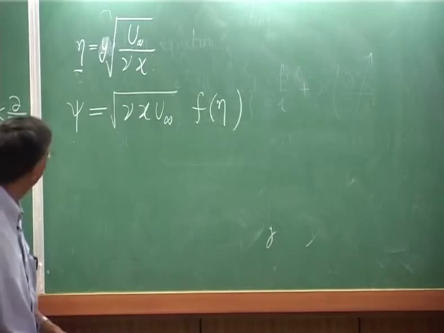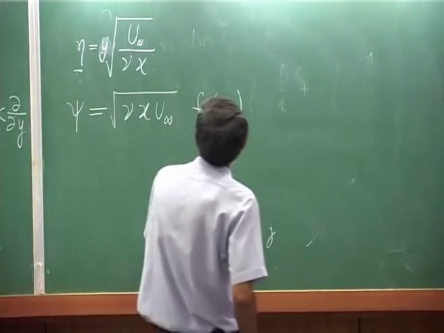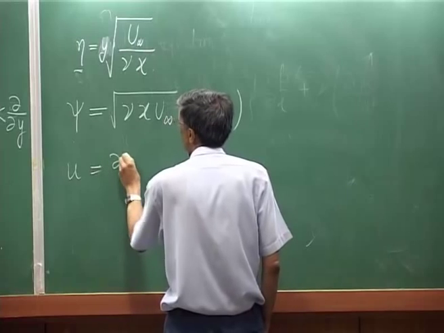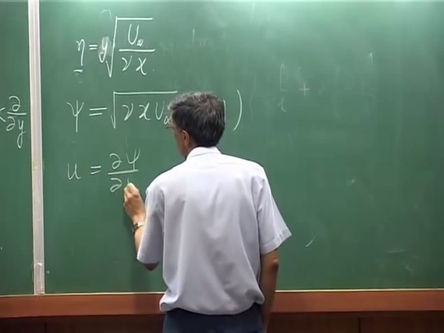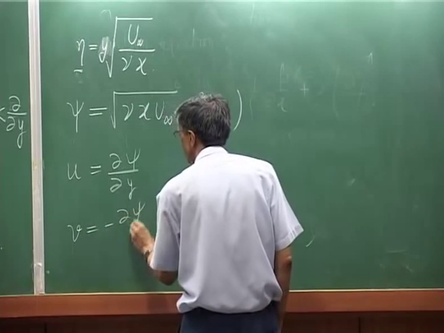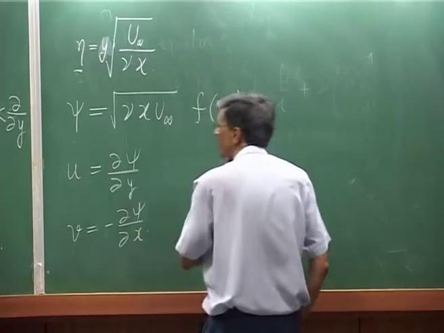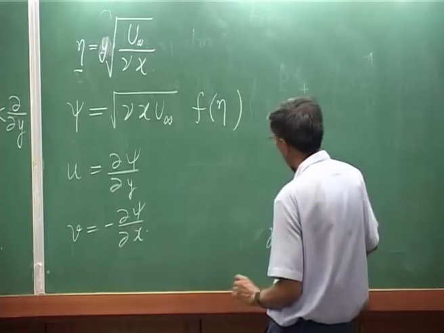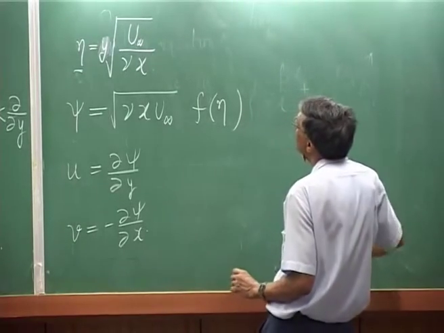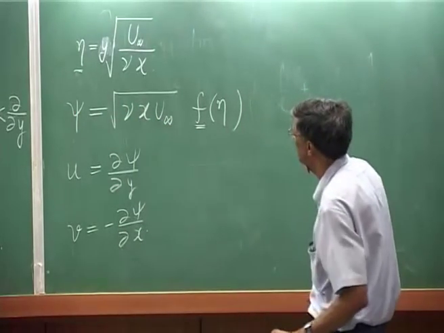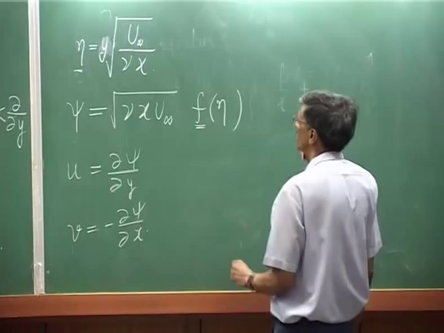Well, once you have psi, you could of course get the u component of velocity that is given by this, and the v component of velocity which is given by this. Okay. If I do this, then what I am trying to do is get eta and f in this equation.